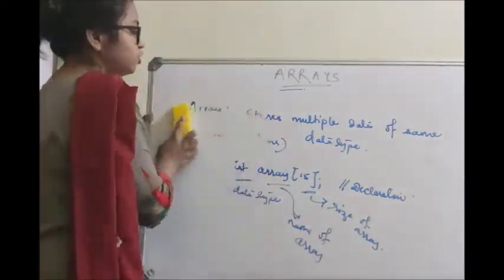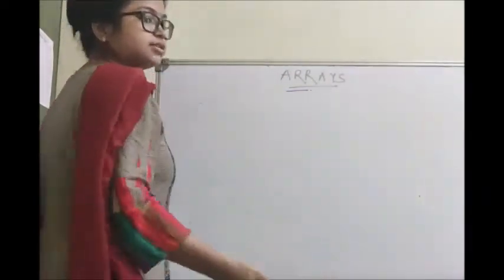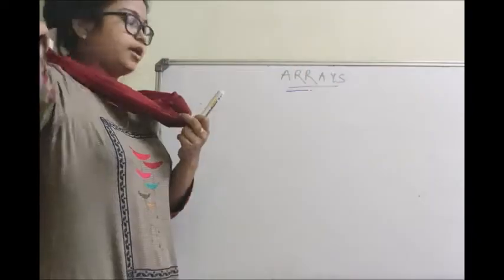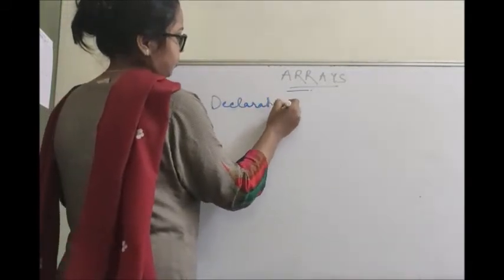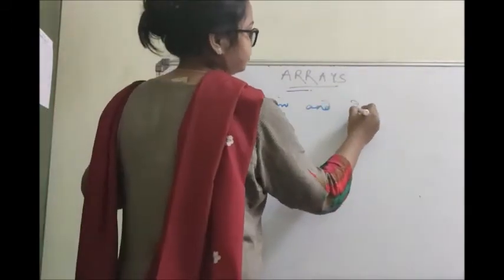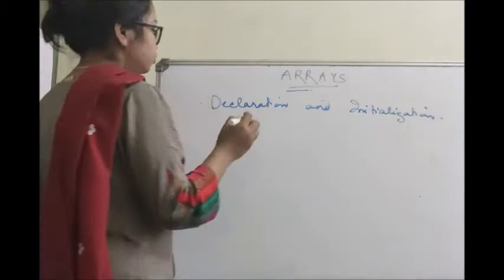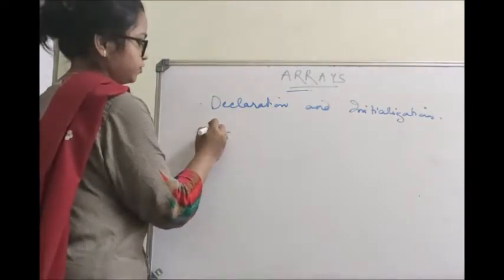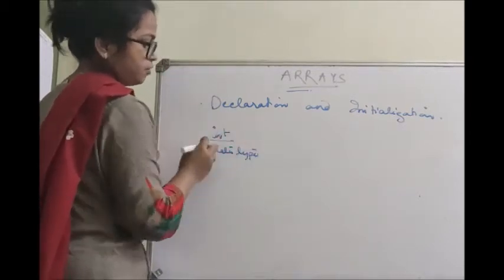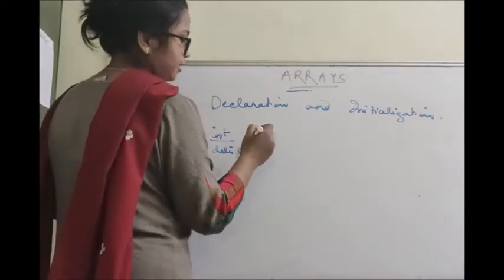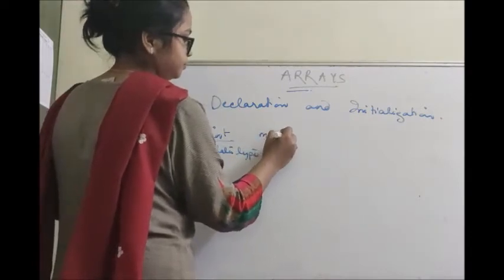So we will move on towards declaration and initialization of array, and then we will discuss how to access array elements. How to declare an array: first we give the data type, the type of data that we want to store, suppose int, then the array name, suppose marks.